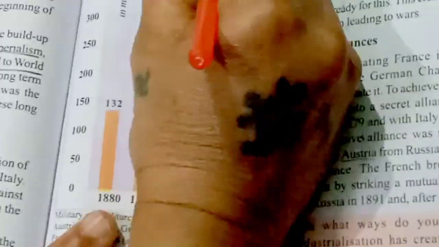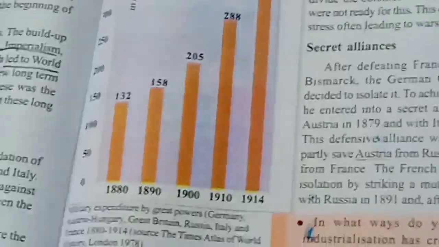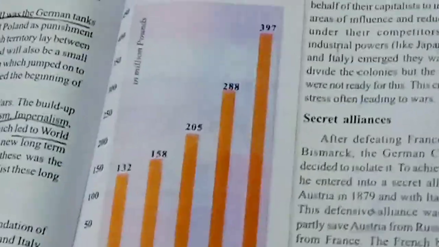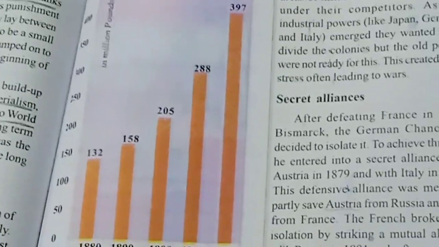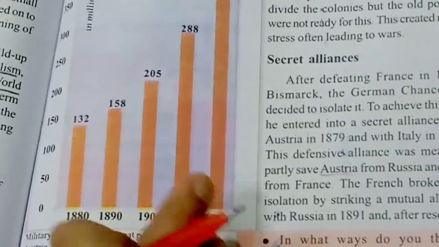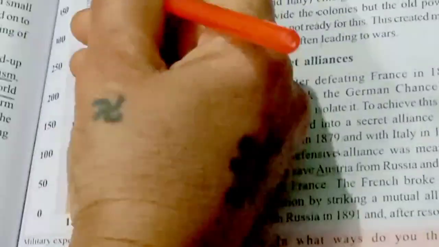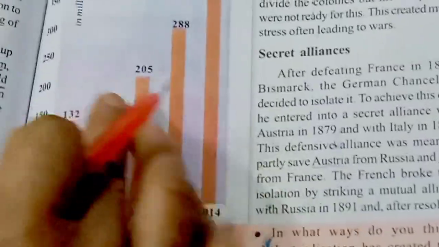It means weapons, how many weapons they used during the first and second world wars. This bar graph is given from the year 1818 to 1914. That means in the beginning of the first world war, how much money, in million pounds, they spent only for buying these weapons.